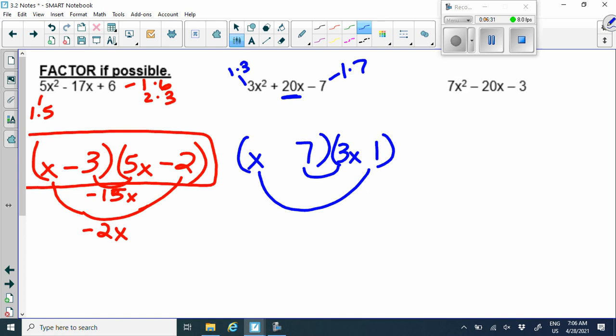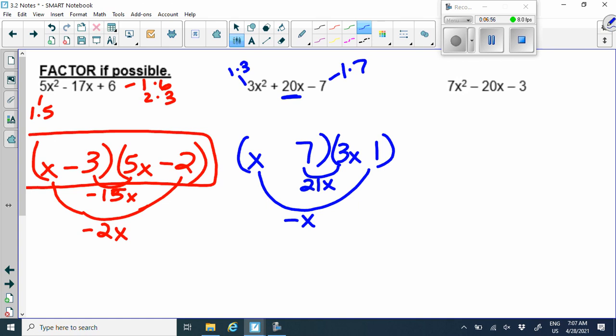Okay, 7 and 1. So I do 7 times 3x, that gives me 21x, and x times 1 gives me x. Well, if I add or subtract 21x and x, do I get my answer of 20x? Yes. So because 20x is positive, my 21x has to be positive, but my x is going to be negative.